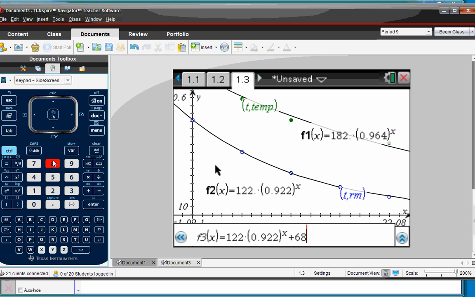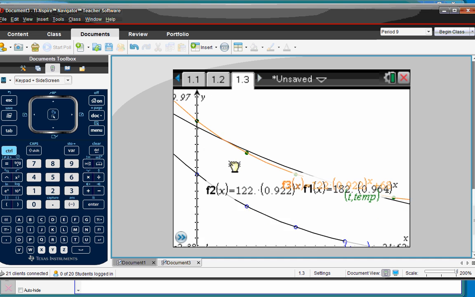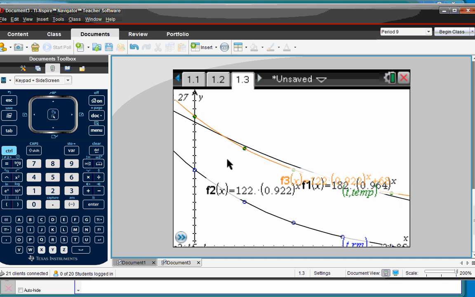Because if I add 4 to it, it moves the graph up 4 units. If I subtract 4, it moves the graph down 4 units. And I want to move this whole graph up 68 units, don't I? So when I press enter, doesn't it look very similar to my original graph with the original information? What we did is shift that function up 68 degrees so that we could see that it is going to level out and never touch it.